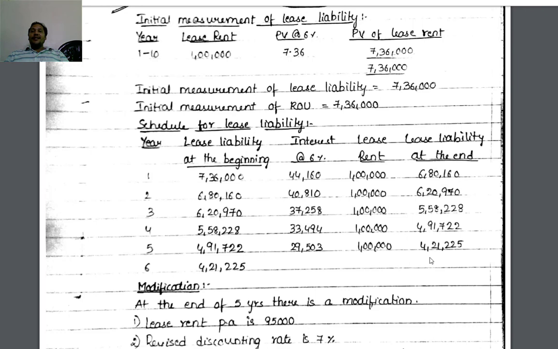Then liability at the end 4,21,225. 4,91,722 plus 29,503 minus 1 lakh, 4,21,225. So that is the liability at the beginning of sixth year, the balance of lease liability at the beginning of sixth year.